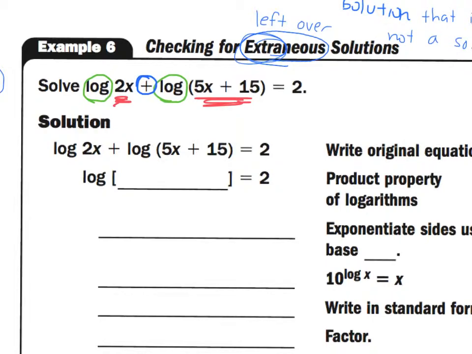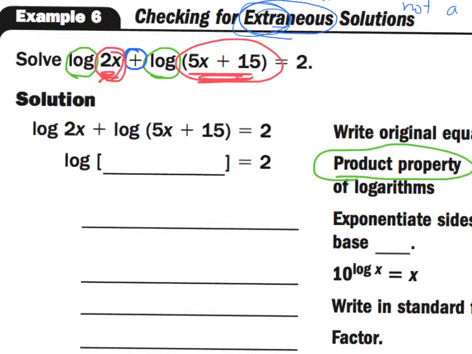All right, so our product property of logarithms says that I'm going to take this 2x and this 5x plus 15, and I'm going to multiply them together. Next step now is my 2x is down here, and I bring down the 5x plus 15. They multiply together like this. Now, I will rewrite that in a moment using the distributive property.